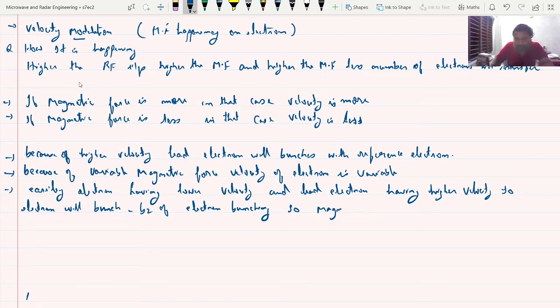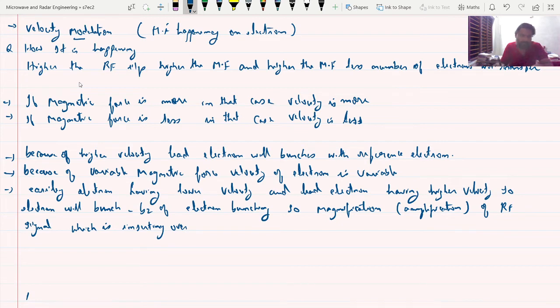Magnification, you can call this as amplification, of RF signal which is inserted over the interaction chamber. Okay, so because of electron bunching, magnification of RF signal occurs.